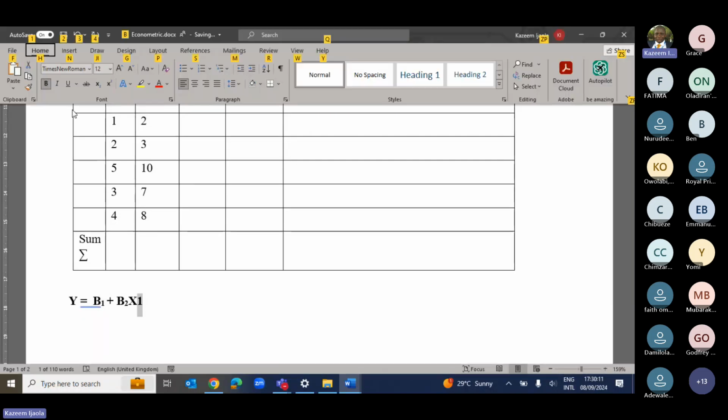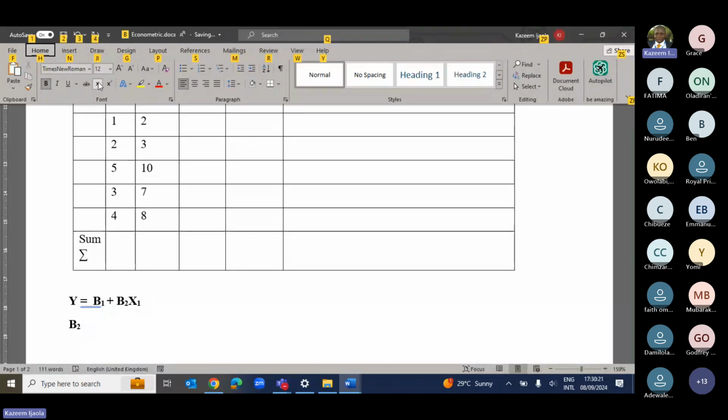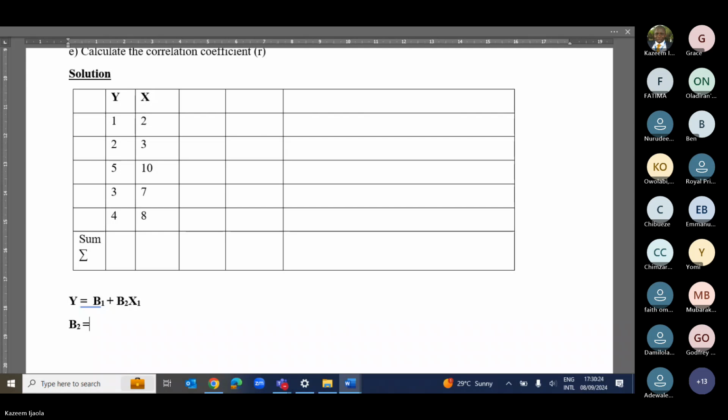So quickly, remember what we were taught under financial planning. If you want to calculate your beta 2, your beta 2 is going to be what? It is n summation xy minus summation x, summation y.